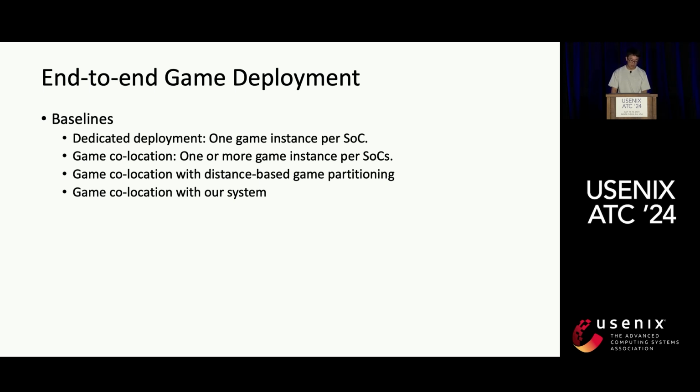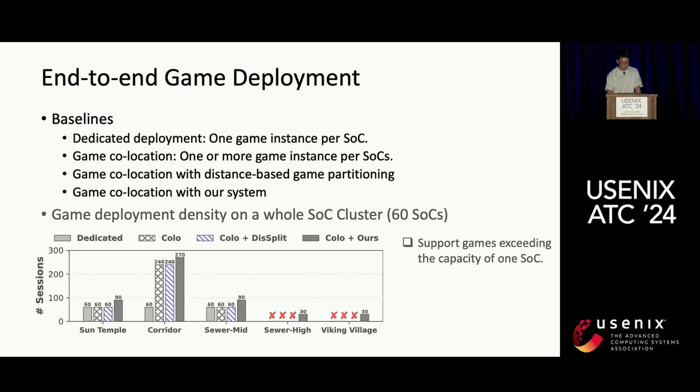And the next is the end-to-end game deployment. We select 3 baselines: the dedicated deployment, the game collocation with the distance-based game partitioning, and the game collocation with our system. The figure shows our result, and we can see that our method could support games exceeding the capacity of 1 SoC.